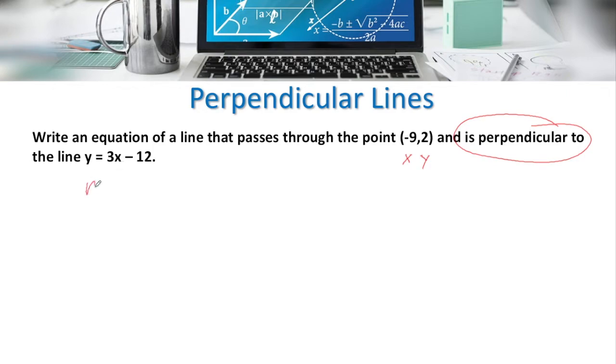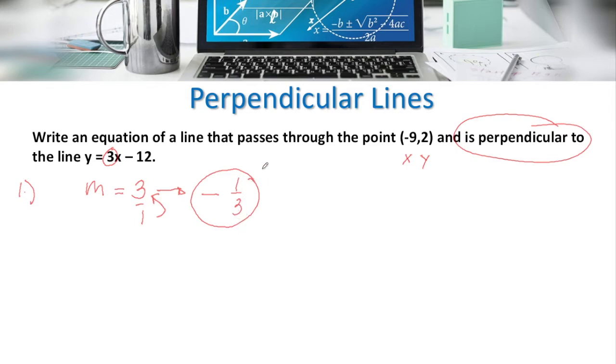So the first thing that we should do for our first step is to identify the slope, and the slope is 3. Then after you identify the slope, you have to get its negative reciprocal. This is positive, we will make this negative and flip it. Then the negative reciprocal of that is negative 1/3.